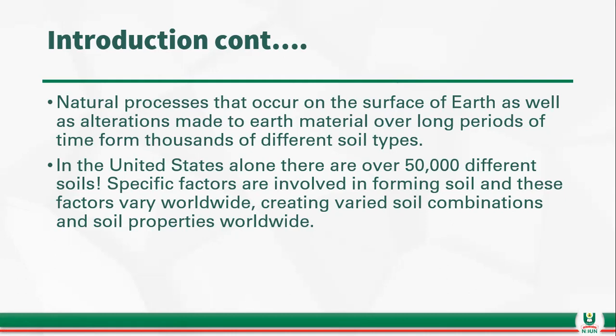All of these put together bring about the formation of the different types of soils that we have today. For instance, in the United States of America alone, there are over 50,000 different soils.